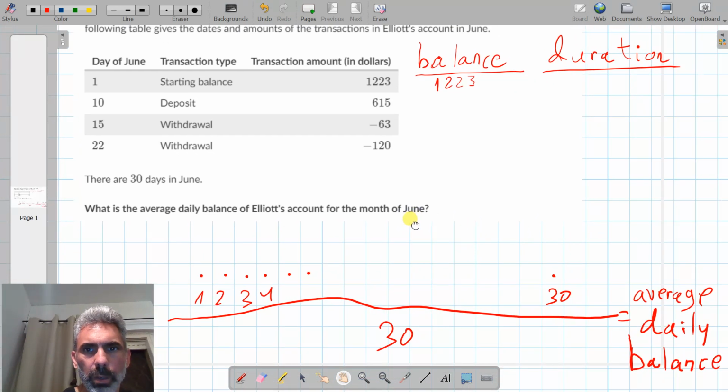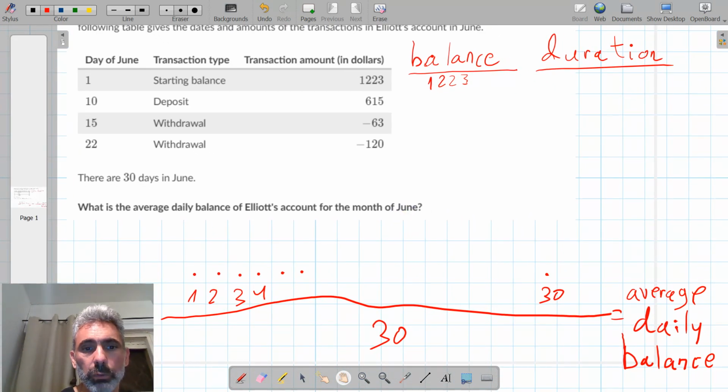So we don't really have to have 30 data points because the balance stayed the same from June 1st until June 9th. On the 9th of June, it was the same as June 1st, it didn't change.